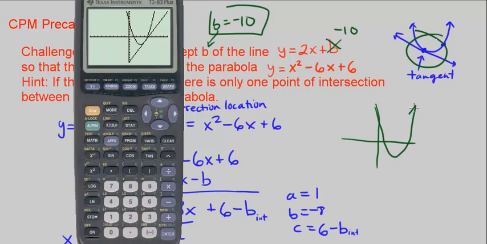Here's our parabola. And our tangent line, right, it touches the parabola just at one point, right? And we can see from the graph that is true, and we found the y-intercept b is negative 10 for this to work out. All right, so that ends for us CPM Precalculus Chapter 3, number 66.